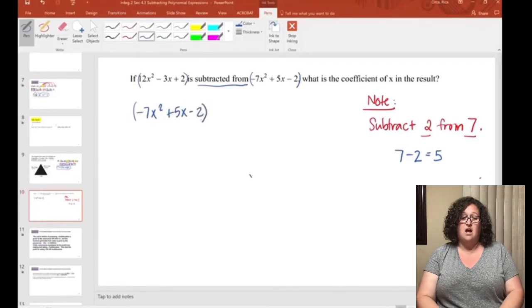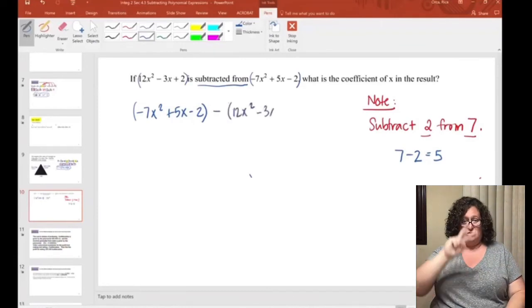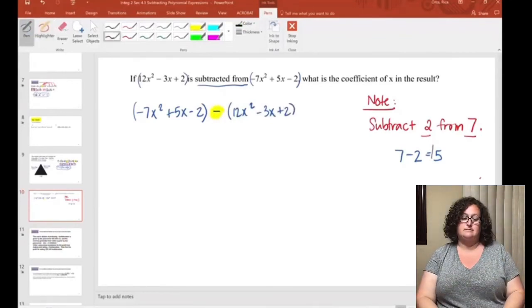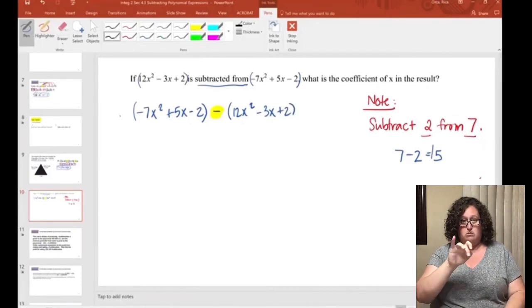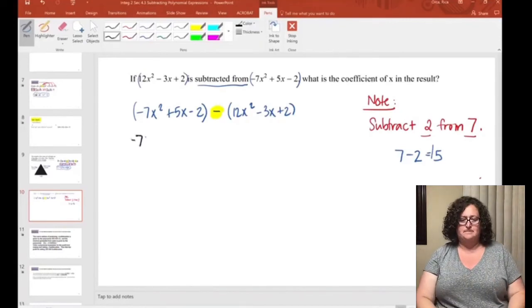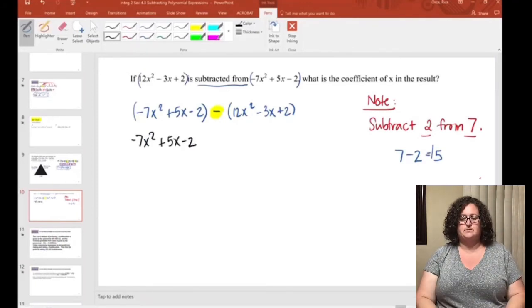And from that trinomial, we're taking away 12x squared minus 3x plus 2. We're subtracting. If you look at the first trinomial, on the left side of the parentheses, there's nothing there, so let's go ahead and just drop the parentheses. Write this as negative 7x squared plus 5x minus 2.